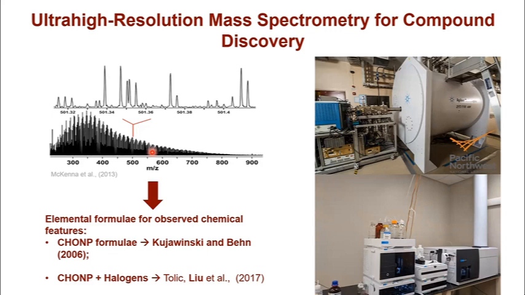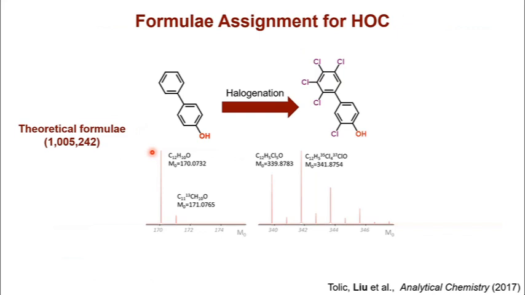So if you start to throw in halogens without further consideration, what does it mean, right? The grant I was funded for developed a pattern recognition algorithm. We have millions of theoretical computed formulas that we then halogenate.